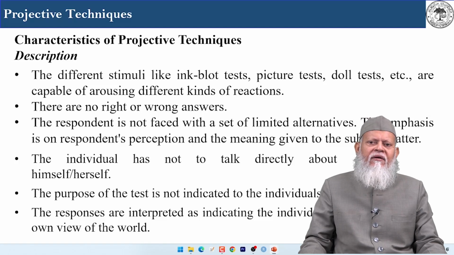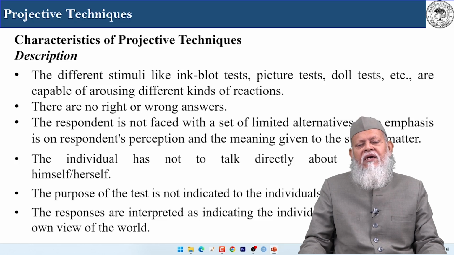So, if we ask him directly, then of course there will be no real answers. It would be justified on the surface by logical answers.